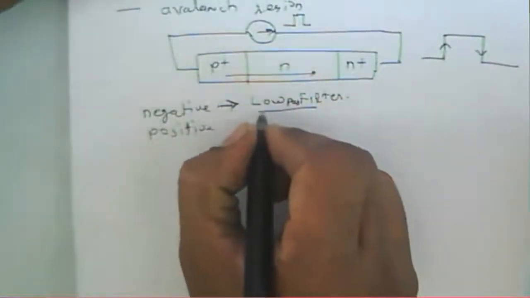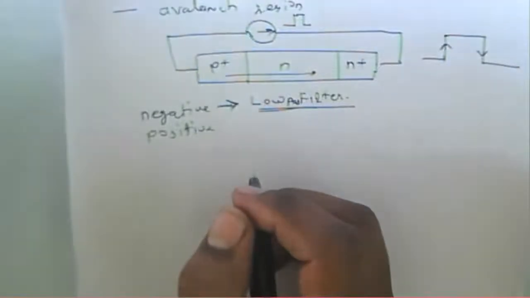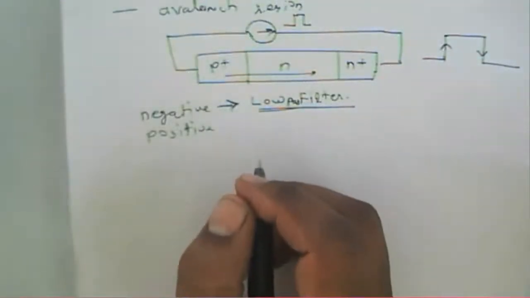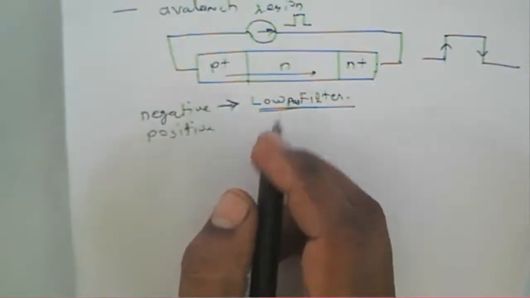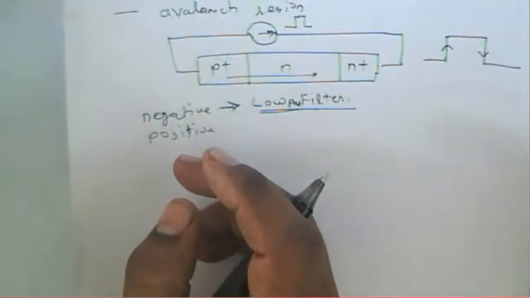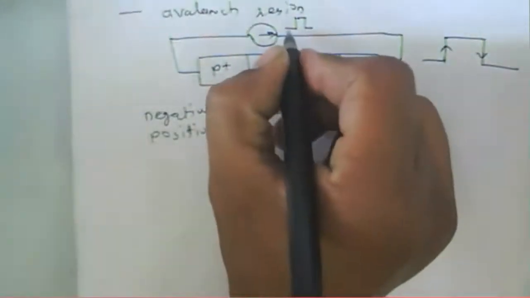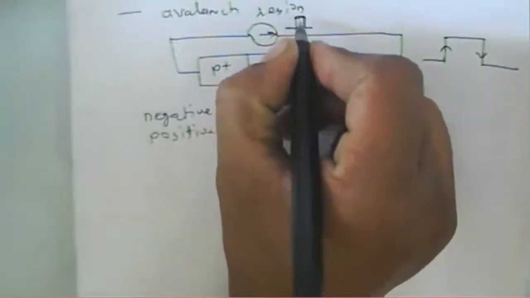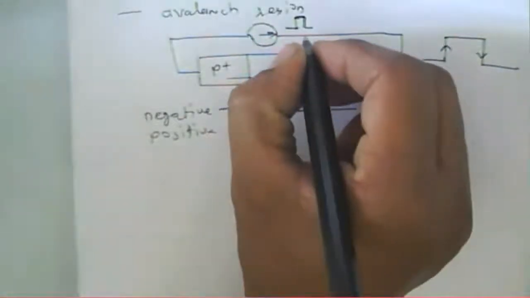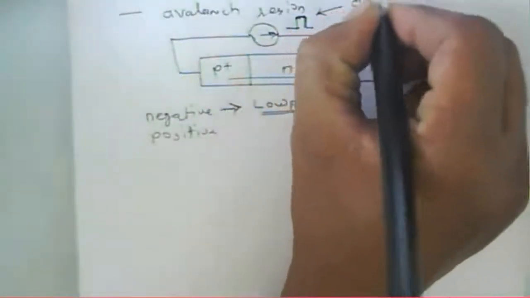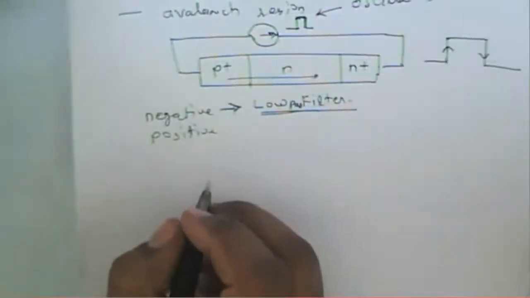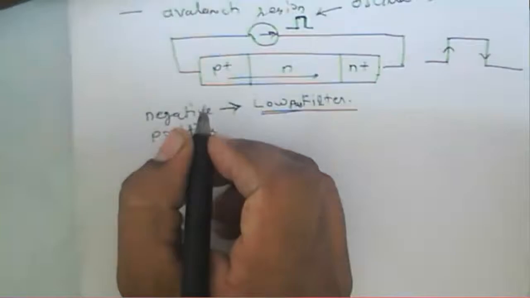In that case, whichever conditions give a low pass filter in this diode, the diode will then return back to its original position. So when we apply a particular pulse, the diode will work on whatever driven pulse, or oscillation, we are applying to it.